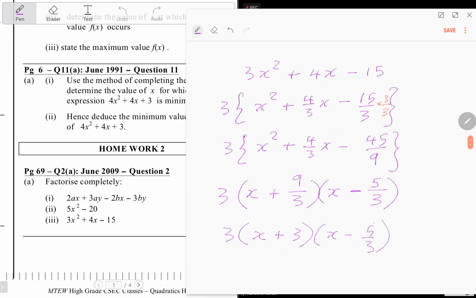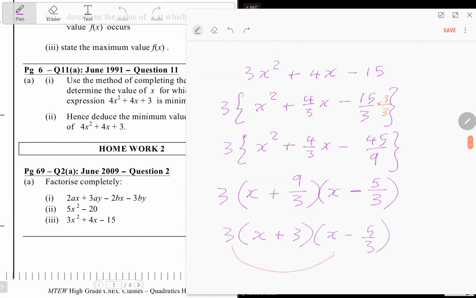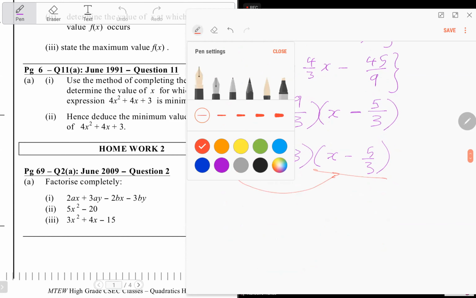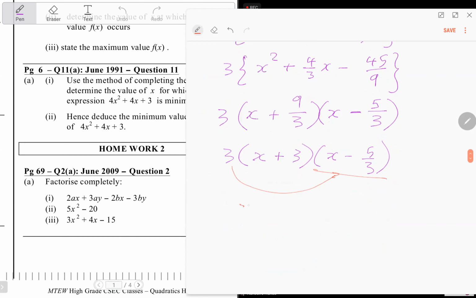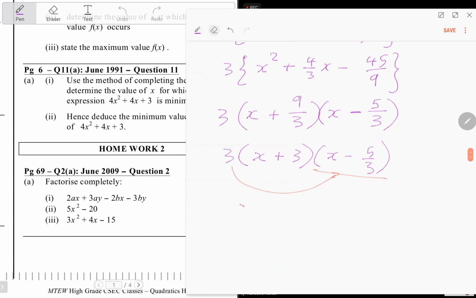Because I don't want the fraction, I apply the 3 to this bracket. I apply it to only one of the brackets. And so I end up getting x plus 3 into 3x minus 5.